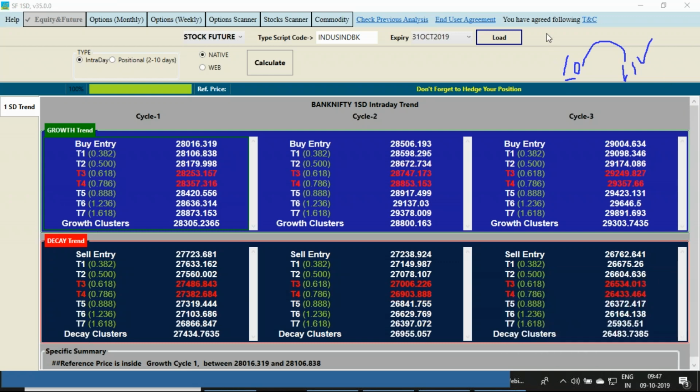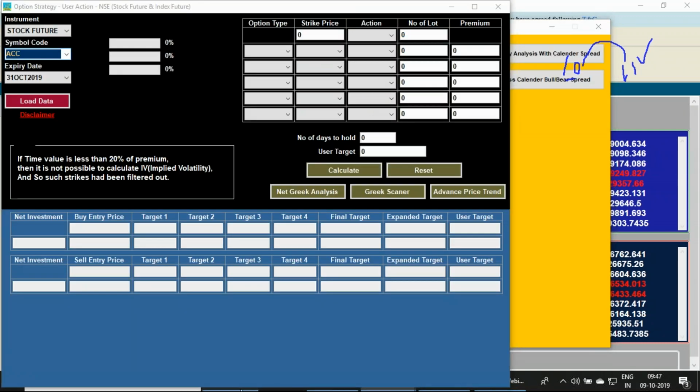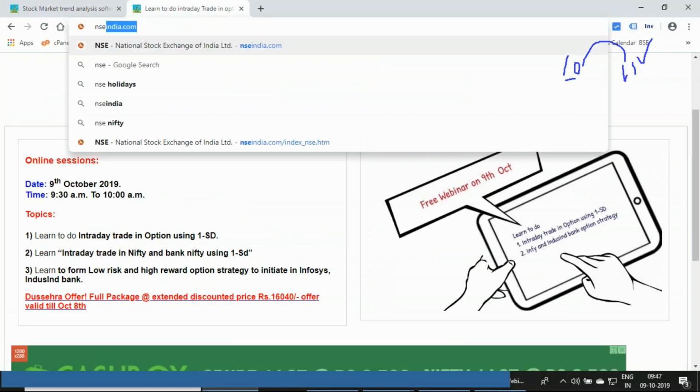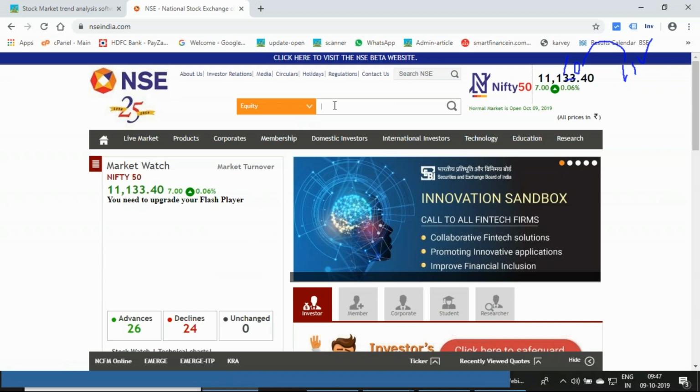And during the result time, what happens? That is very important. Results give a new view about the market, a view about the counter. So the price points where the counter is will get re-evaluated based on their quarterly performance. Many brokerage houses will give their view on that counter.